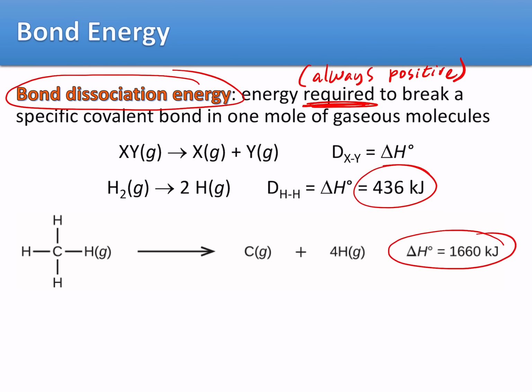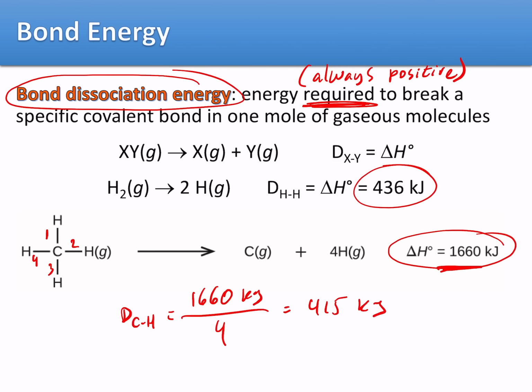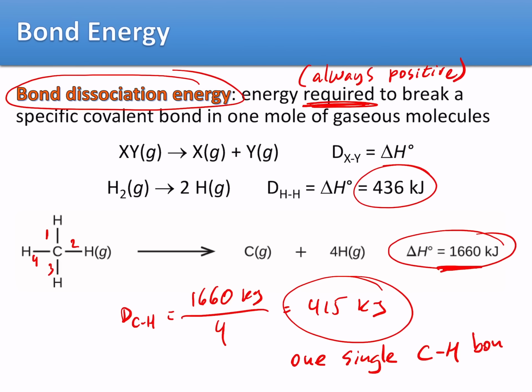You are breaking 1, 2, 3, and 4 carbon-hydrogen bonds. So the bond dissociation energy for the carbon-hydrogen bond is 1660 kilojoules divided by 4, which is about 415 kilojoules. That's the energy that you require to break just one single carbon-hydrogen bond.